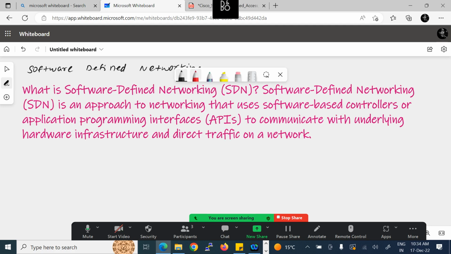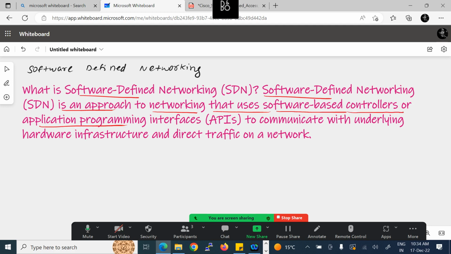What is software defined networking? Software defined networking is an approach to networking that uses software based controllers or application programming interfaces to communicate with underlying hardware infrastructure and direct traffic on a network.